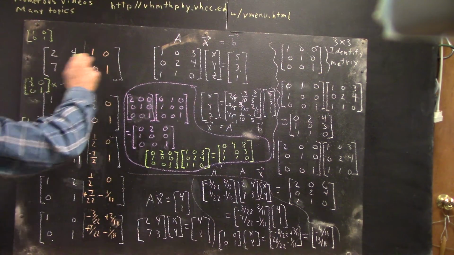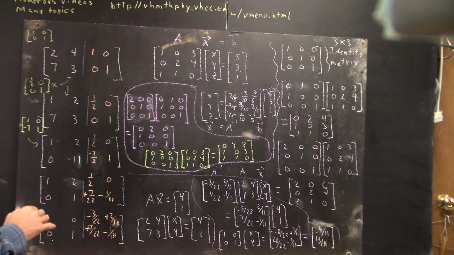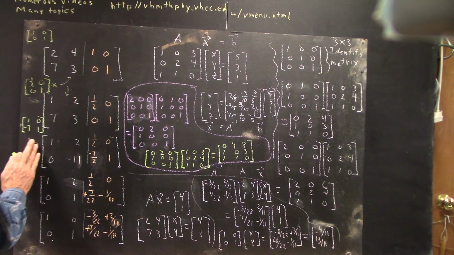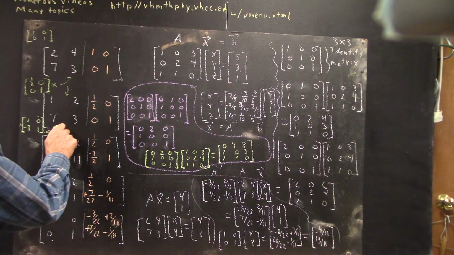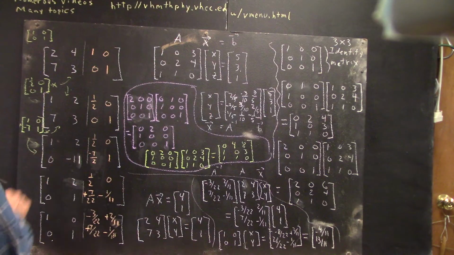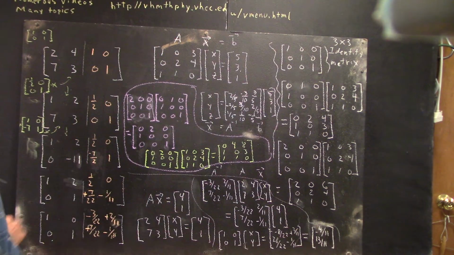Okay. If I multiply this by this first, then this is not what I get. Fortunately, it's not necessarily what I get. So I probably ought to say, okay, this times this gives us this. And let's do it this way.